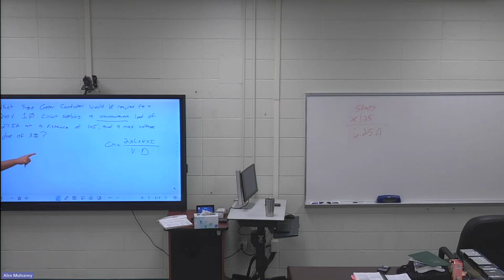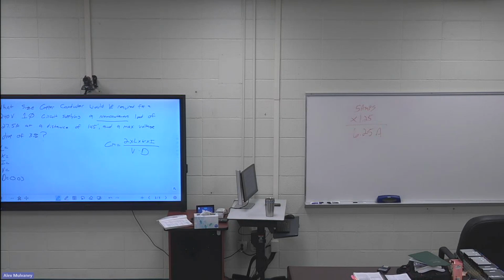If I write out all my unknowns over here, I have L, K, I, voltage, your drop. Your drop is what? 3% written as a fraction is what? 0.03. Everybody good with that?